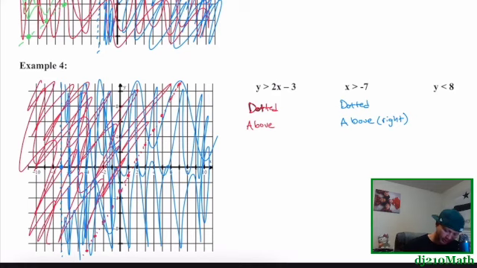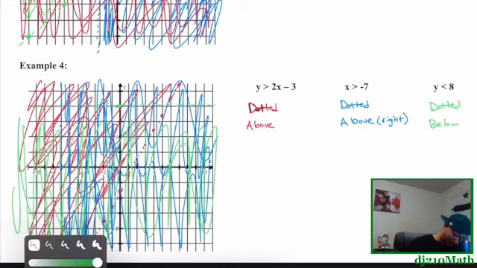So again, dotted. And we're going to go below. Below 8. So it's dotted and below 8. So dotted line through 8. And we want below. Okay.